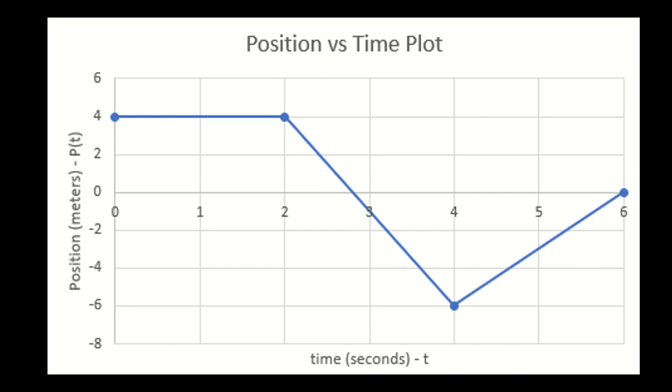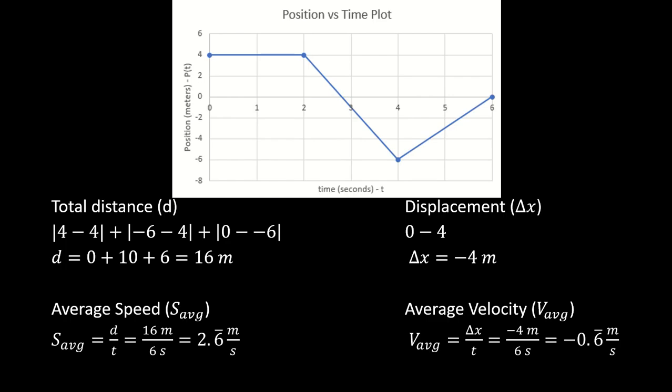What this plot says is that from 0 to 2 seconds, that object is staying still. It has not moved from that initial position. And then from time t equals 2 seconds to 4 seconds, it travels backwards to the -6 meter position. And then from time t equals 4 to 6 seconds, it starts moving forward, and then eventually reaches the neutral 0 position. That's how to interpret this position versus time plot.